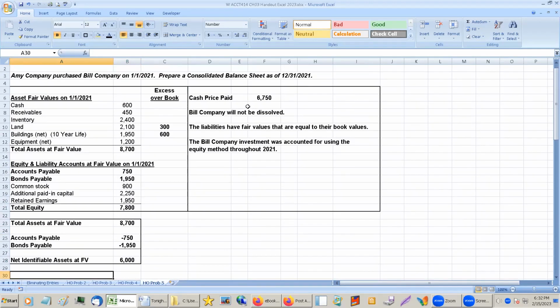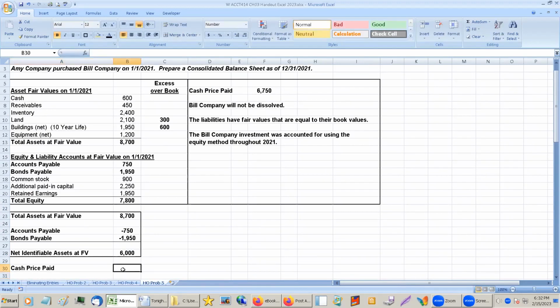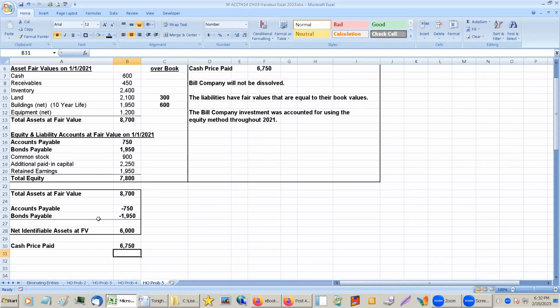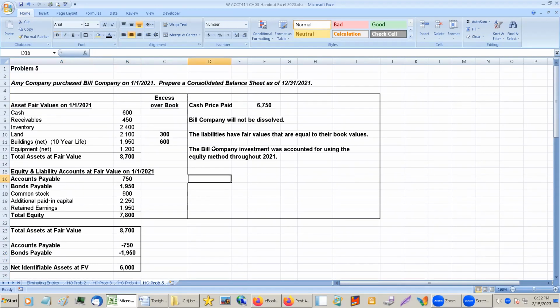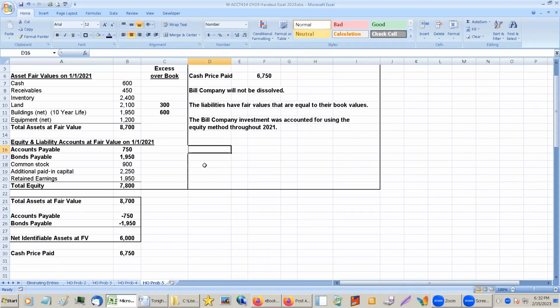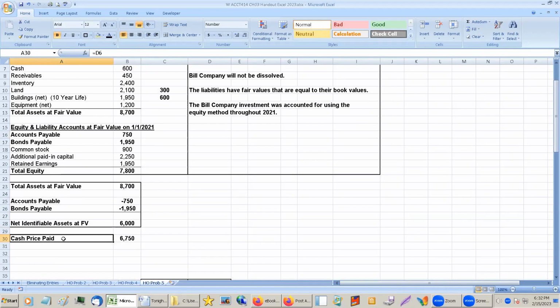And we paid, in the future I should put this down here. I don't know why I put it so far apart. But cash price paid, so let's make it yellow.